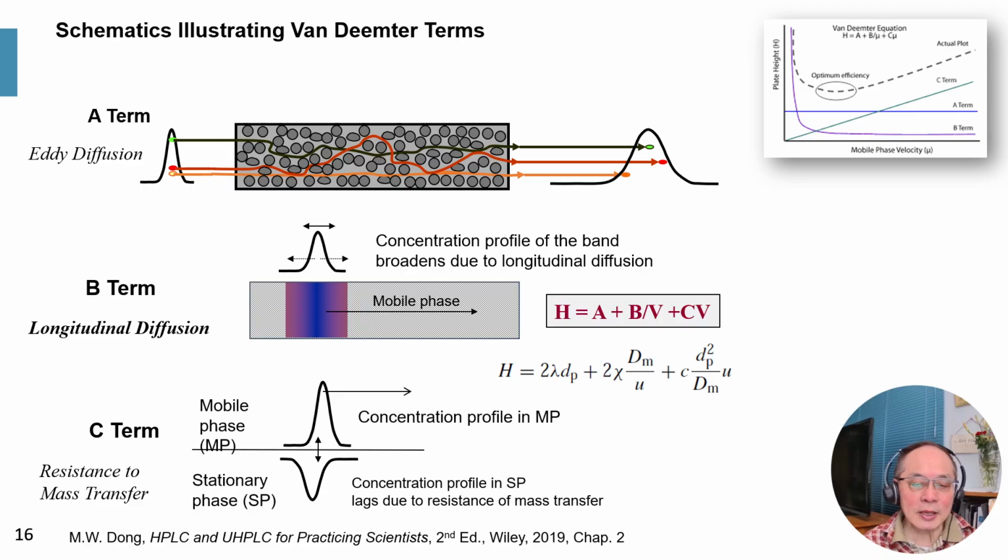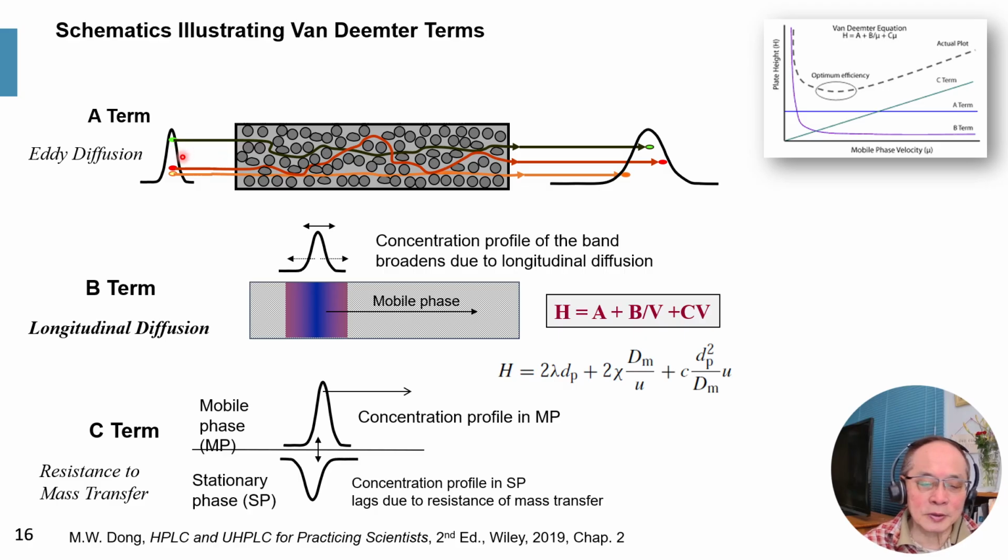So this slide is a schematic to illustrate the three Van Deemter terms. The A term is something called the eddy diffusion term, which is shown here. It's the multipath phenomenon. For instance, we're injecting a small band, such as caffeine, and there are billions of molecules going through there.